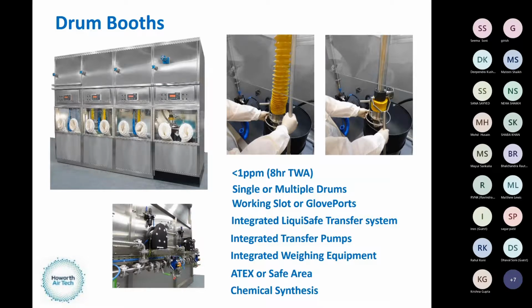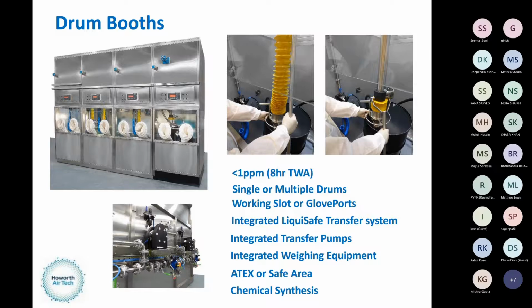And that regulation is now asking for drum handling, which was typically done within an open environment within the facility, to be enclosed because of the potential risks of exposure to the hazardous compounds and vapors. And there's also a potential explosion risk, because this is potentially 50 litres of material within those drums.